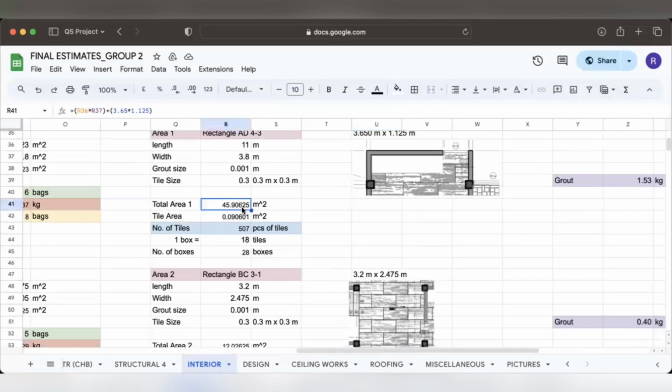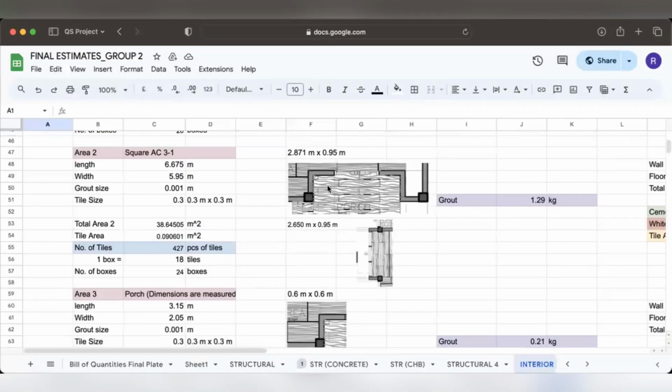We have a total area of 45.91 square meters, and a tile area of 0.909 square meters. Finally, we have a number of tiles, which is 507 pieces of tiles, and having to cater one box is equal to 18 tiles. We have 28 boxes.